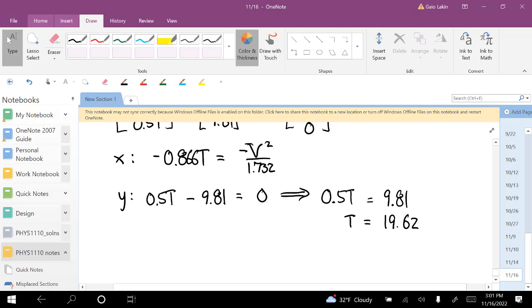And then plug that into the x equation, and you get negative 0.866 times T, which is 19.62, is equal to negative v squared over 1.732.